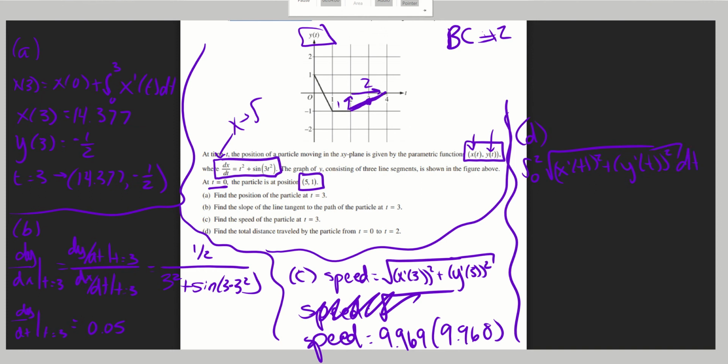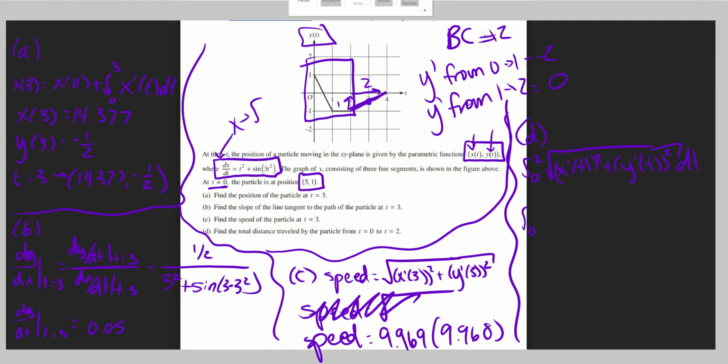Our only issue is that from 0 to 2, y prime from 0 to 1 is the slope of that line, which is negative 2, but y prime from 1 to 2 is 0. So we're going to end up having to write 2 integrals for this.